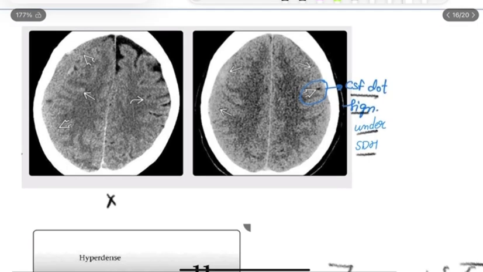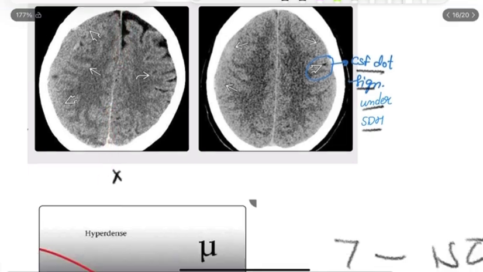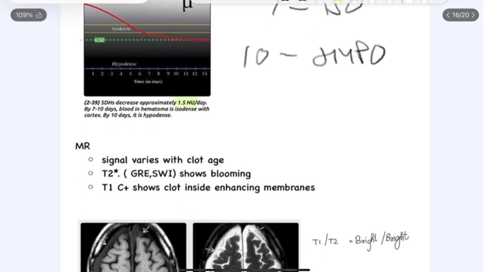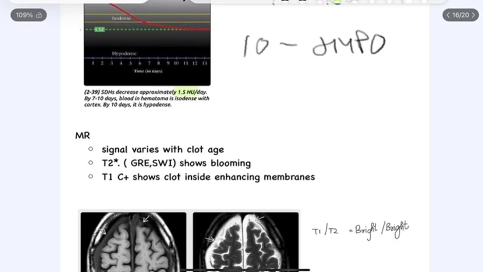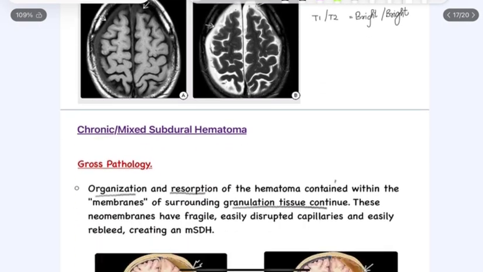In this image, we can see an isodense collection along the cerebral convexity, seen displacing the gray-white matter junction inwards, crossing the suture line, but not crossing the dural venous attachments. This is a subacute subdural hematoma. On MR, again the signal will vary according to the clot age.